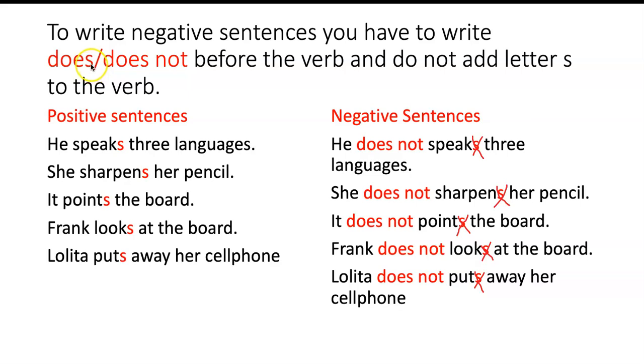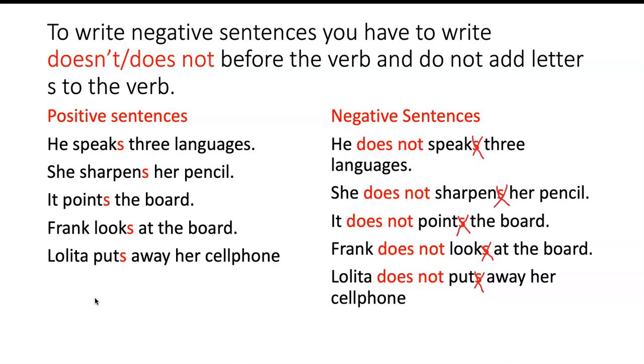So here, let me do something. Okay, we are here again. I fixed this because I forgot to put this. Okay, so we have here: to write negative sentences, you have to write doesn't or does not before the verb and do not add letter S to the verb, okay?